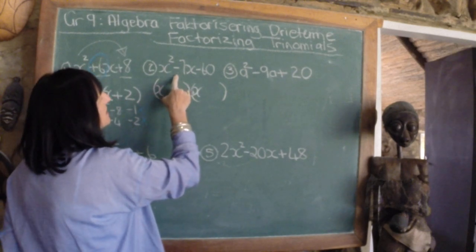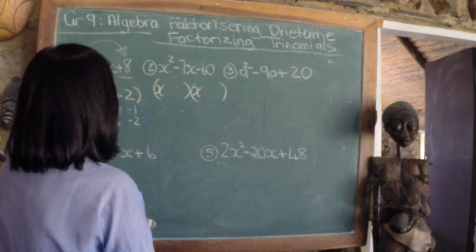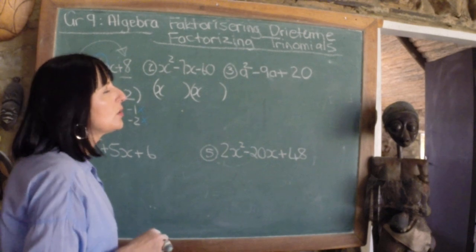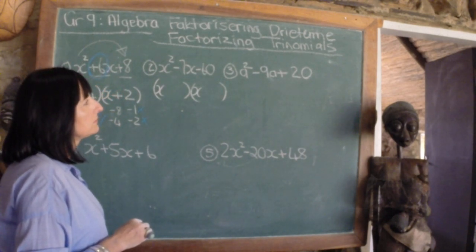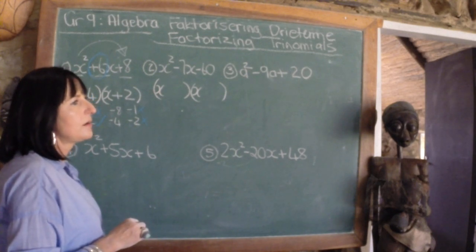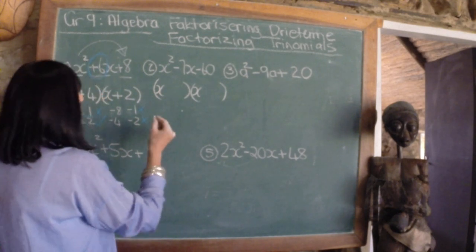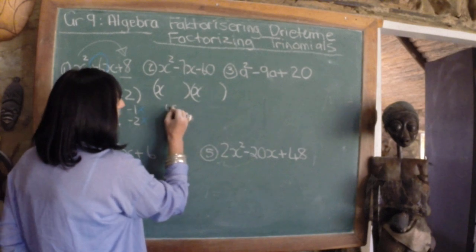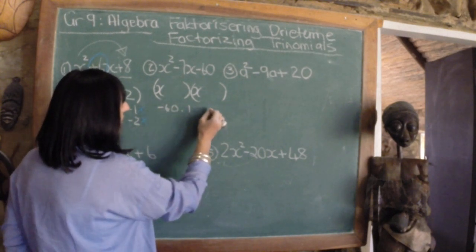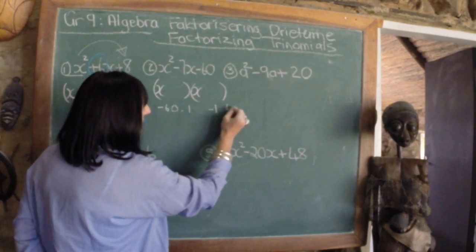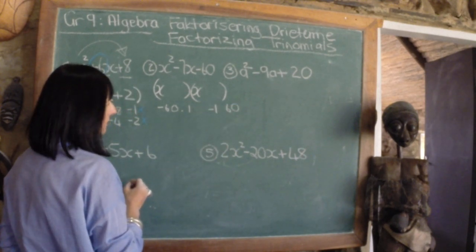Ek soek minus 7. I need minus 7. So let's try the other factors of 60. 60 and 1, if I add it, minus 60 or minus 1 and 60. It's not going to work.